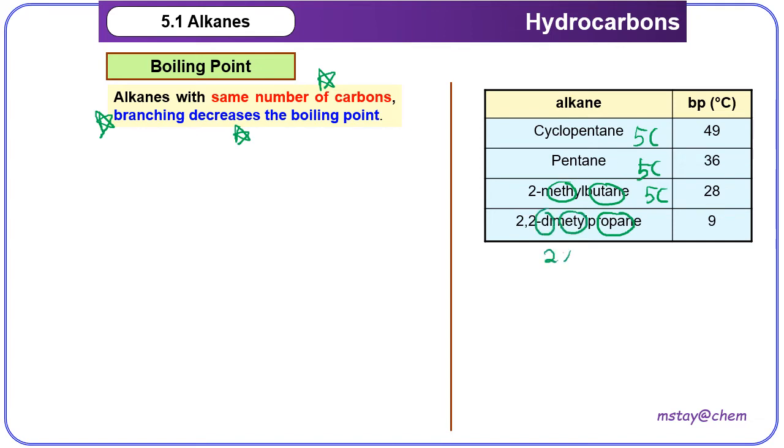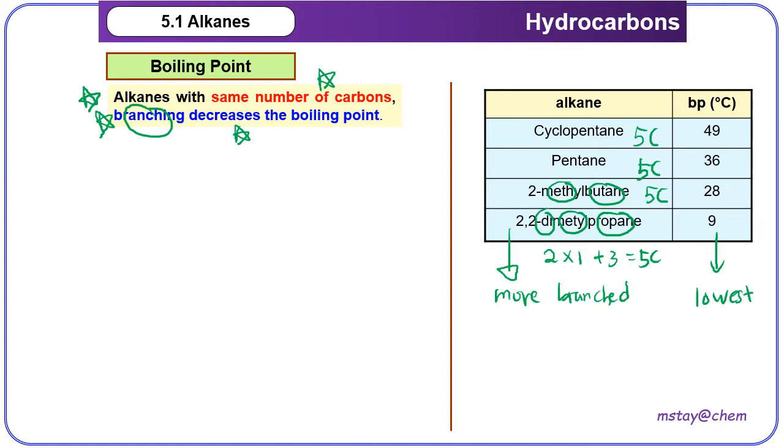So that means 2 times 1 plus 3 also equals 5 carbon. All these 4 alkanes consist of 5 carbon, but now we look at the number of branches. So the last one, 2,2-dimethylpropane, has more branches, and then we look at their boiling point is the lowest.